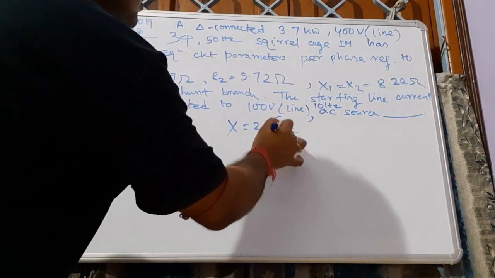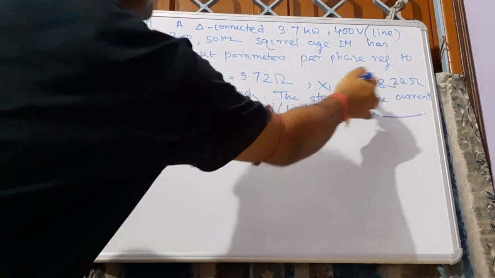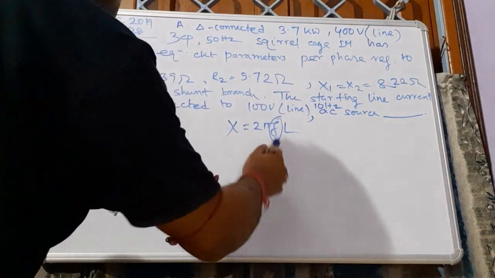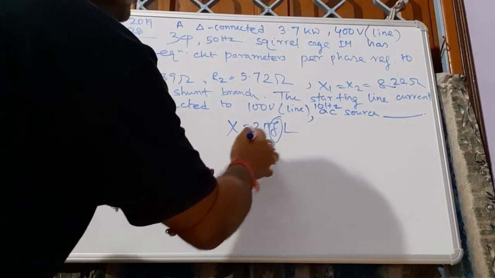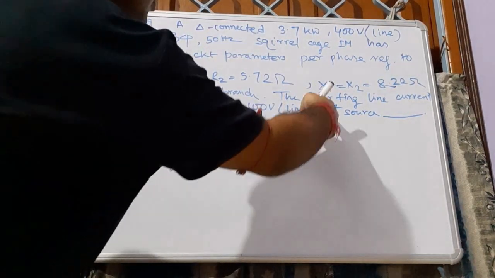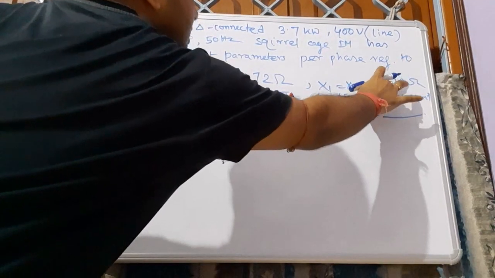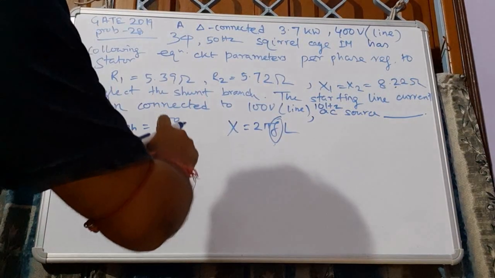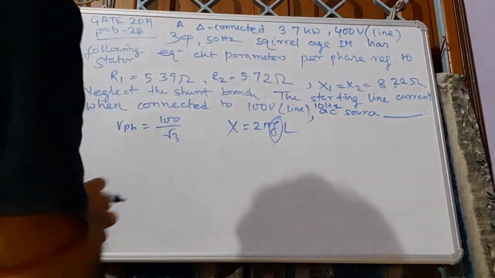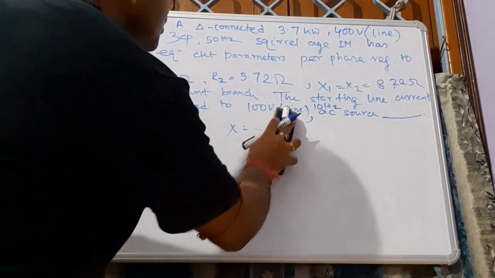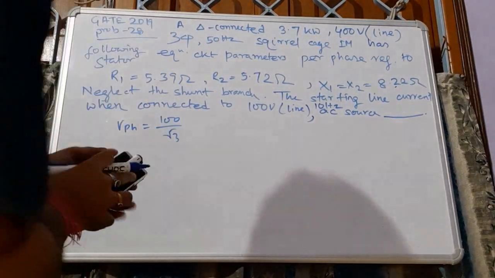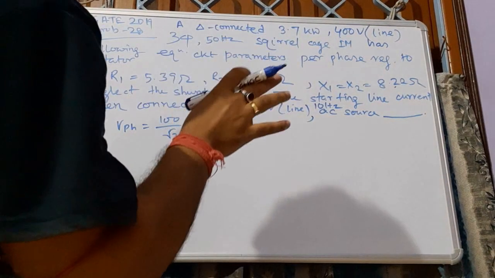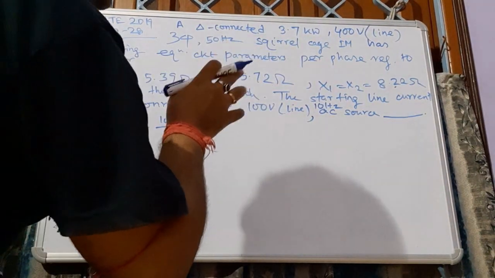So this is for 50 hertz. So for 10 hertz the value of X1 and X2 will not be 8.22. So we need to first calculate X1 and X2 for 10 hertz.